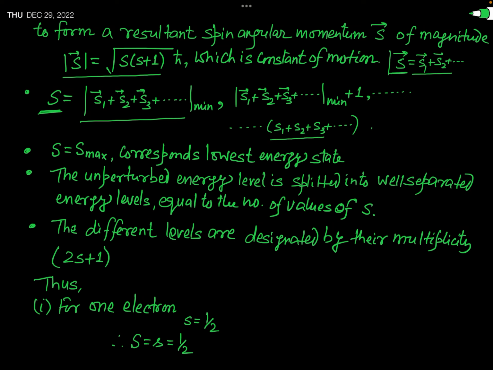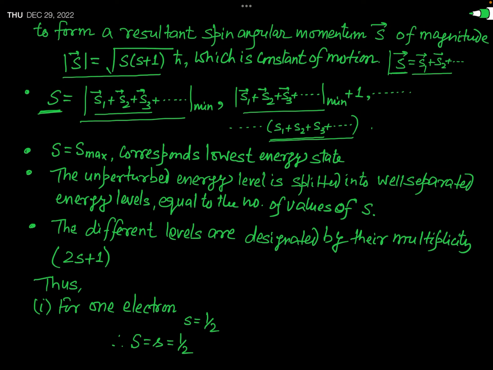When you say minimum value, you have to take the minimum value of the vector sum of these individual spin angular momentum vectors. Then the second value will be the minimum value plus 1, the third value will be minimum plus 2. In this way, the upper limit of the value of S will be simply the scalar sum of all these magnitudes of the spin angular momentum of the individual optical electrons.